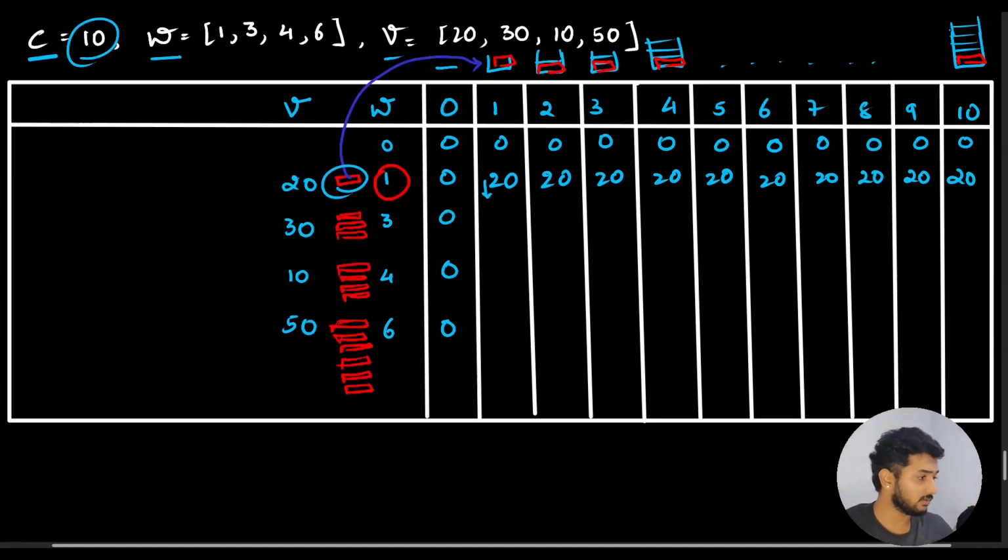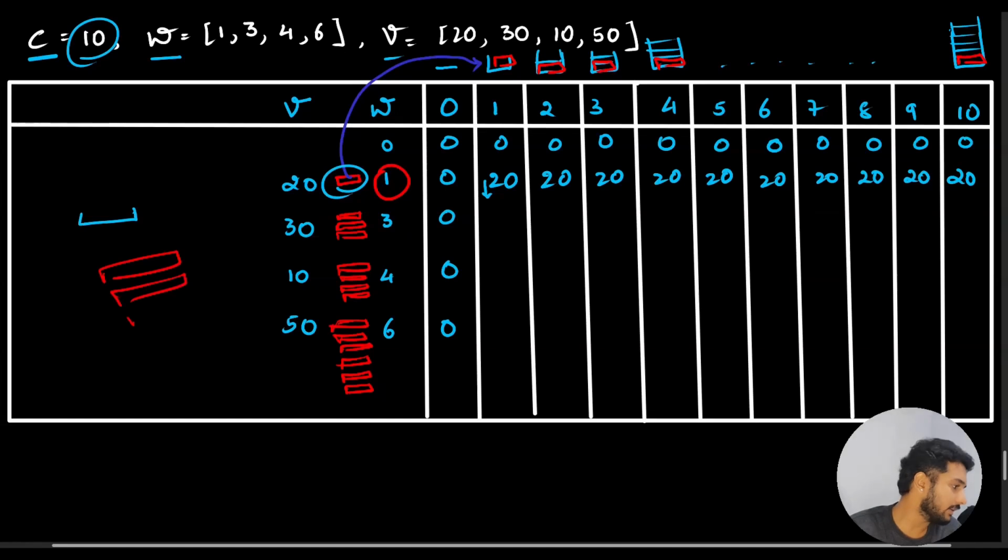No, because that will overflow. You have only one space, and I'm telling you to accommodate three blocks. How can you? It is not possible. So when it's not possible, you need to copy the value from the previous cell. And what's the previous cell? It's 20.